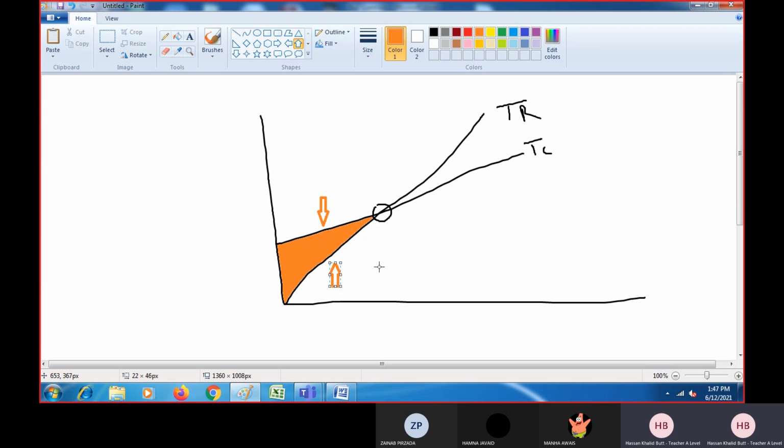This is loss. But as soon as businesses are able to achieve break-even, profit starts. This is the area of profit.